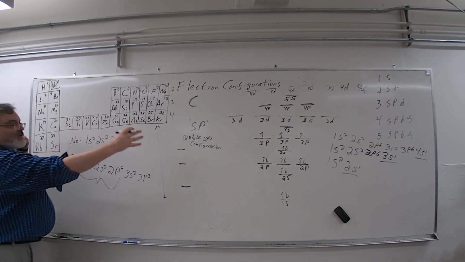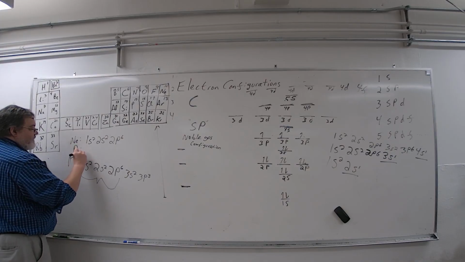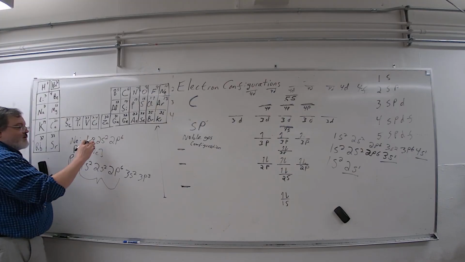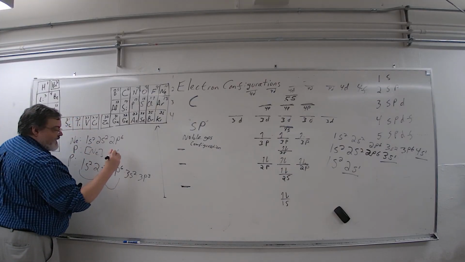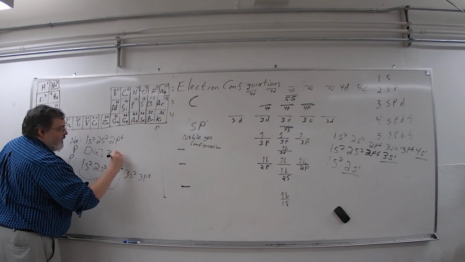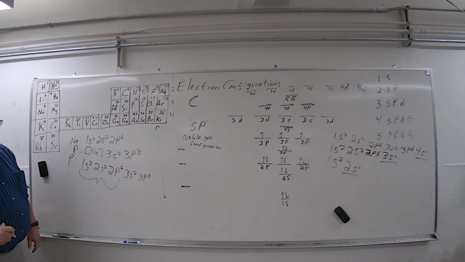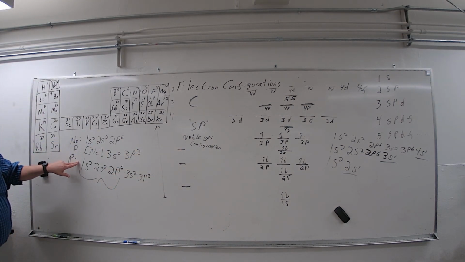So, one way to show phosphorus, another way to show phosphorus, and here's one more way to show phosphorus. We go shorthand for 1s2, 2s2, 2p6 would be neon, and then we write these out to the end. So one way to show electron configuration, another way, and here's a third way to show the electron configuration. You with me?